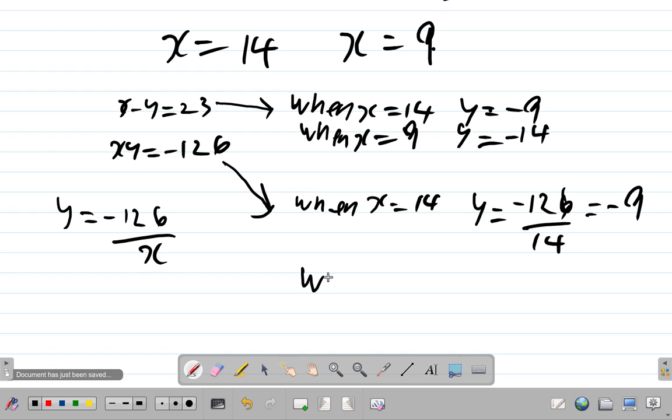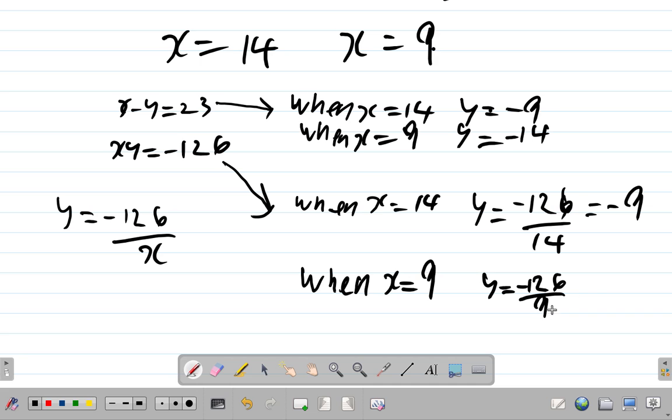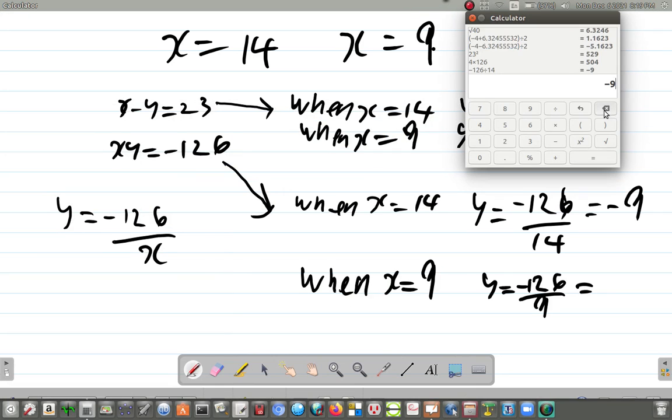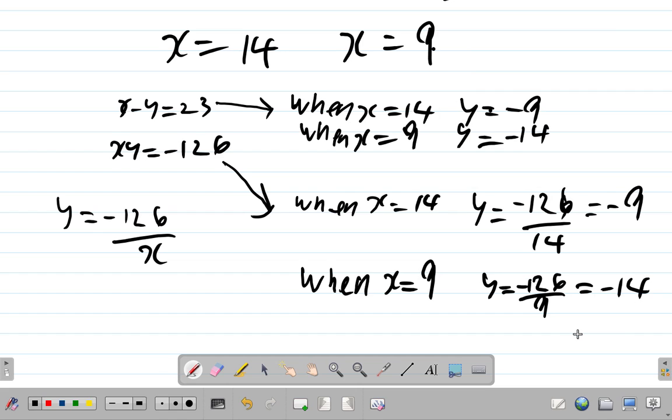Alright, what happens when x is equal to 9? y is equal to negative 126 divided by 9, which is what? So you say, what is 126 divided by 9? Negative 126 over 9 is negative 14.